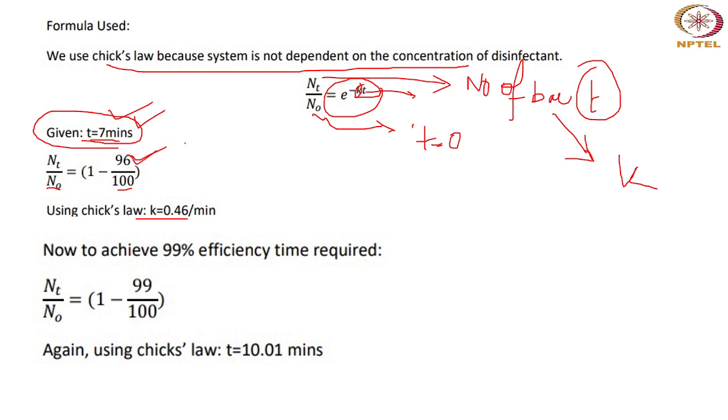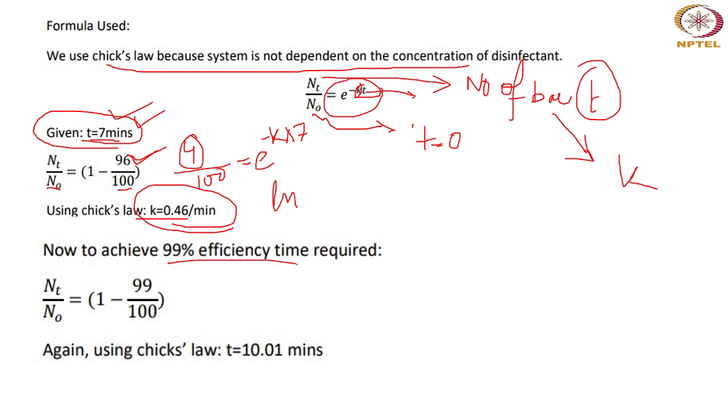So how many are there? Only 4 are there. 100 minus 96, 4 by 100, equals e to the power minus k into 7. From this, you can find k using ln. I am getting 0.46 per minute.